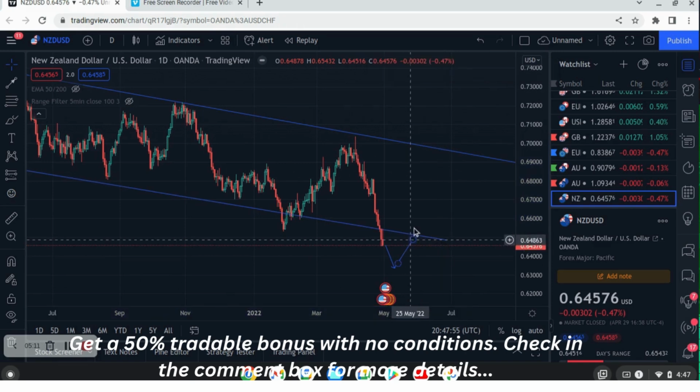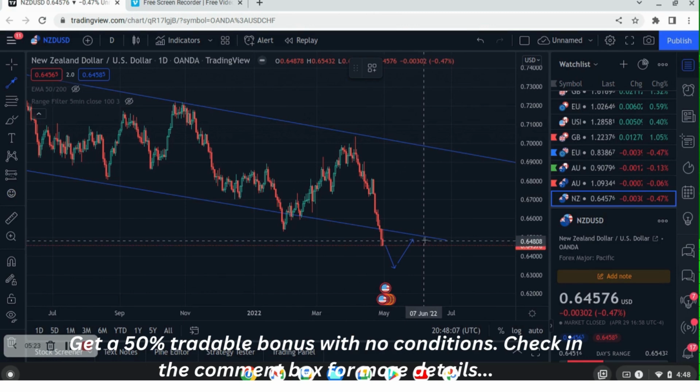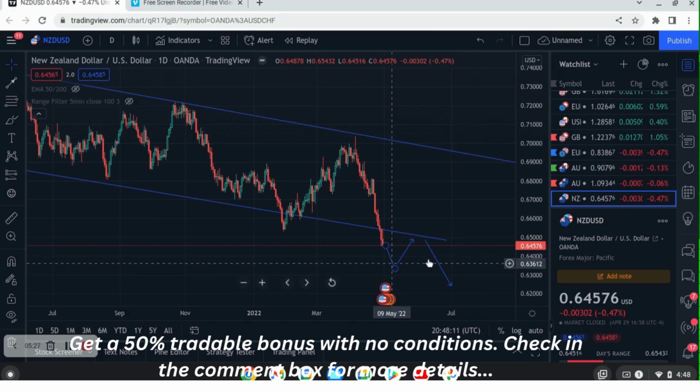Come back up to retest this, either break through and come back up like we did here in a false breakout, or reject off this line and catch a sell right here, right? So this is actually a trade I'll be looking out for.